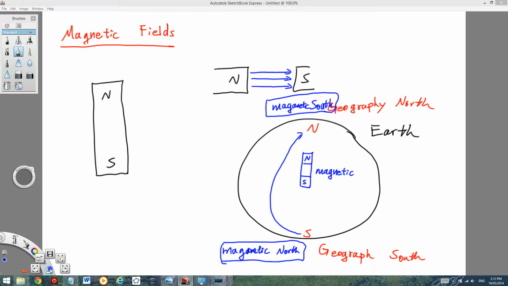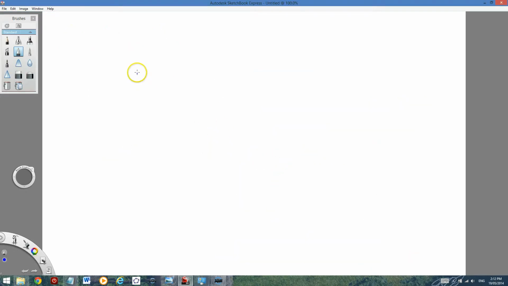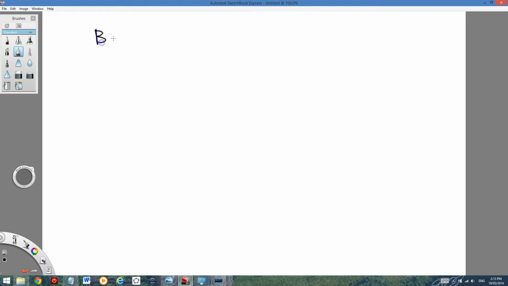Now, basically, how do we measure magnetic fields? So the magnetic fields are measured in Tesla. It has a symbol B. B for magnetic field.